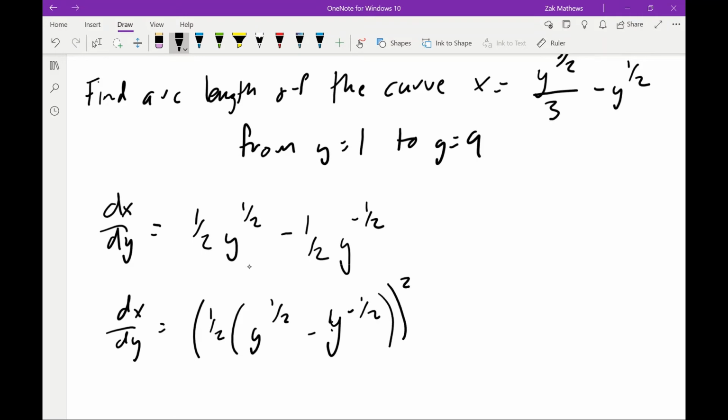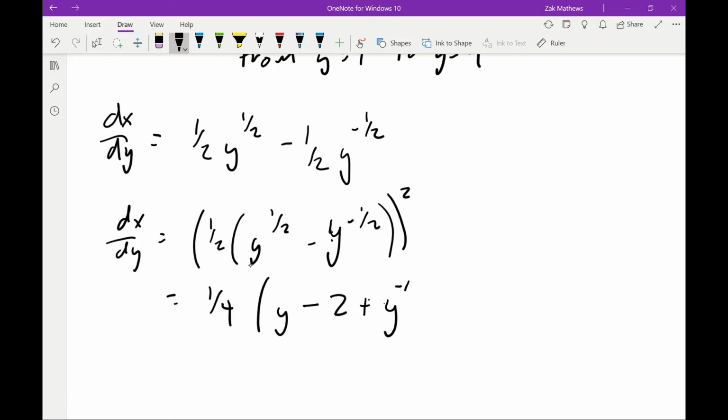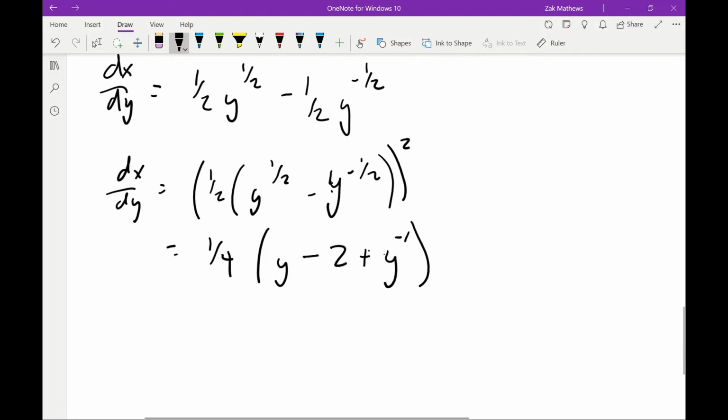So I'm going to take this whole thing and square it. I factored off the 1/2 first, because then I just get a 1/4, and then I have to FOIL this other thing out, so I get y to the 1/2 times y to the 1/2 is just y, minus 2, because y to the 1/2 times y to the negative 1/2 is just 1, and then there's 2 of them, plus y to the negative 1/2 times y to the negative 1/2 is just 1/y. And so there is my derivative squared.